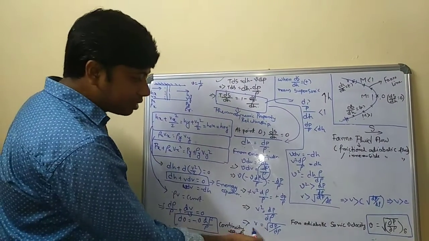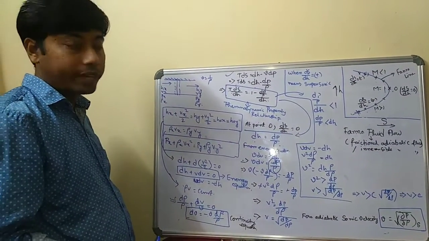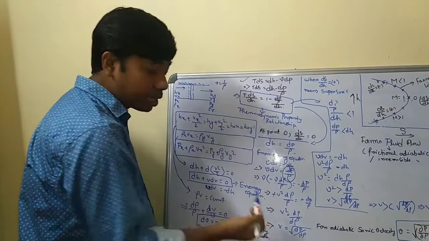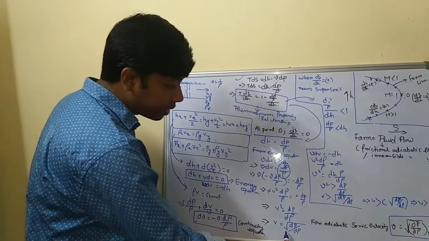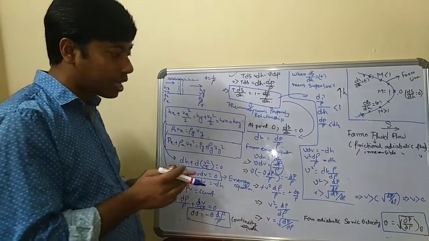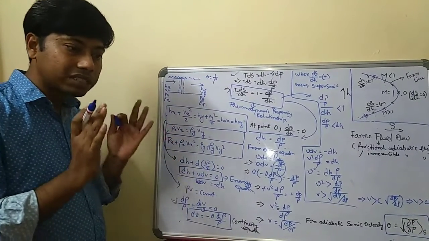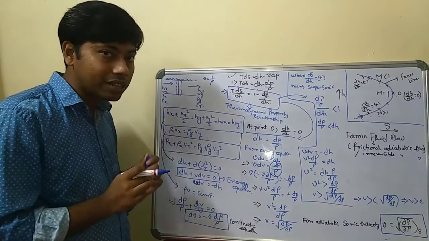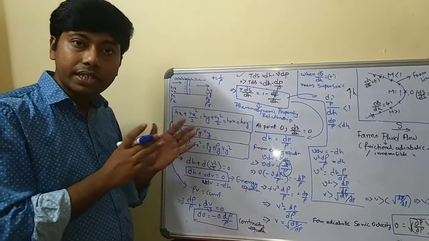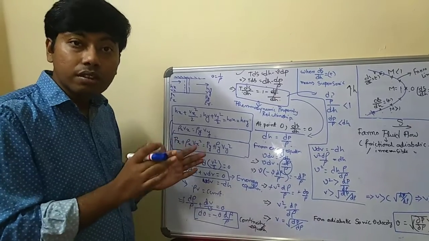So at this point O, the sonic velocity fluid flow point or the maximum flow rate condition point, the velocity of the fluid is equal to the square root of dP by d rho. It is the condition for sonic velocity. We considered firstly that the fluid flows through a particular channel, duct, or convergent divergent channel, under adiabatic conditions, which means no heat transfer takes place.